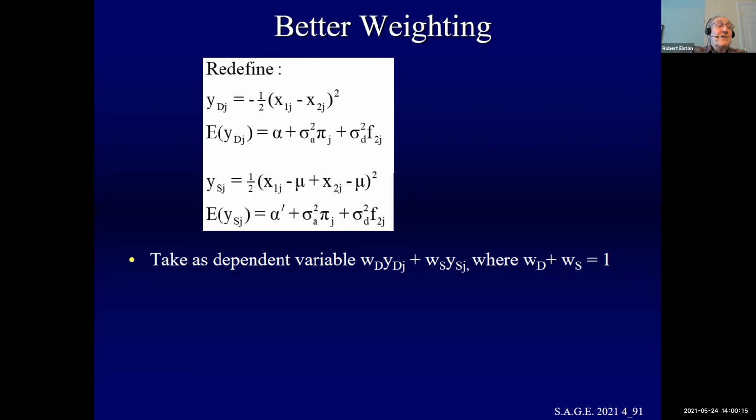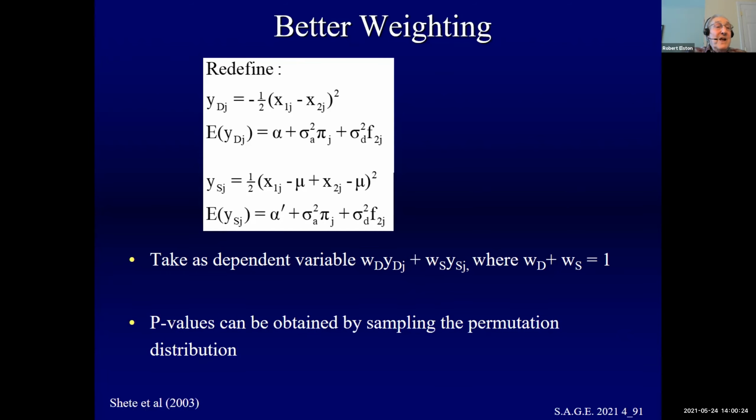We now look at not only the original difference, but also the sum, and we can get a weighted average. P-values can be obtained by sampling the permutation distribution. So now we have to talk about these weights. There are different values of the weights, and that leads to different variations, if you like, of the original Haseman-Elston test.